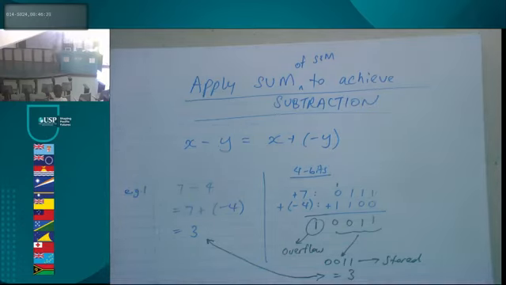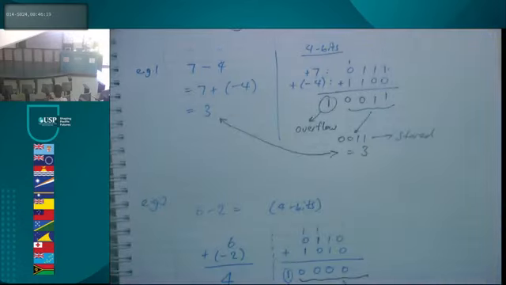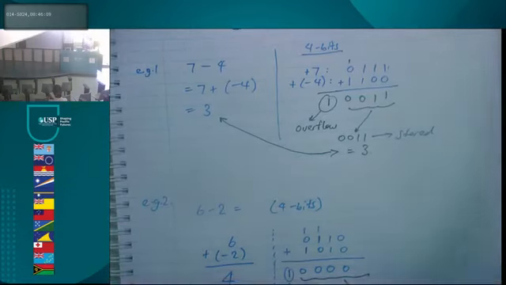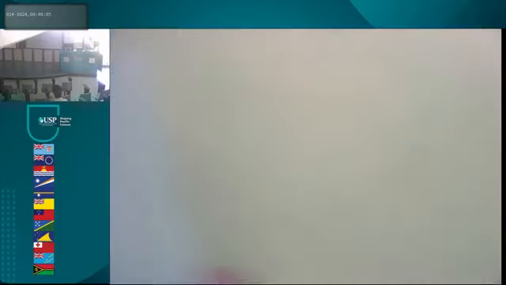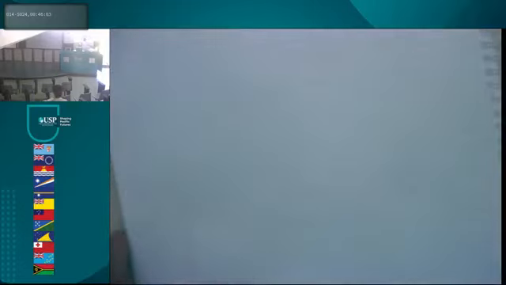We allocated for the overflow bit. And when we did the next problem, which was 6 minus 2, which is the same as saying 6 plus negative 2, we found that it gave the wrong answer. So sign and magnitude was not a good method. Therefore, we now move to a new method called the complement method.